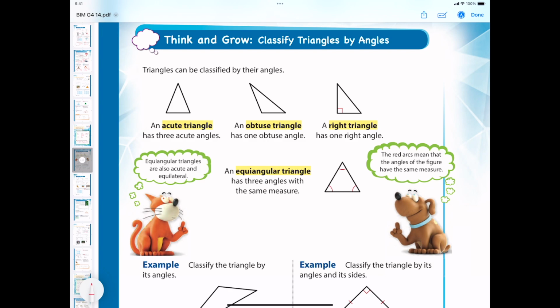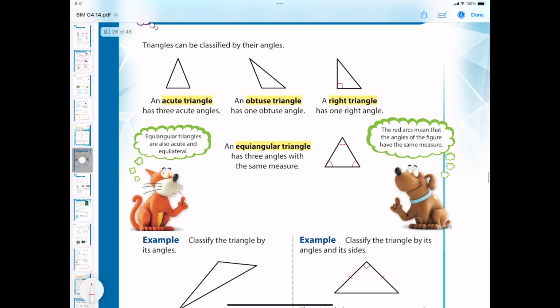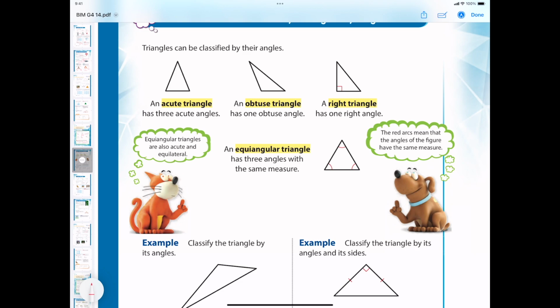It says triangles can be classified by their angles. An acute triangle has three acute angles: 1, 2, 3. An obtuse triangle has one obtuse angle. There can't be two obtuse angles in a triangle. And a right triangle has one right angle. Now, an equiangular triangle has three angles with the same measure.